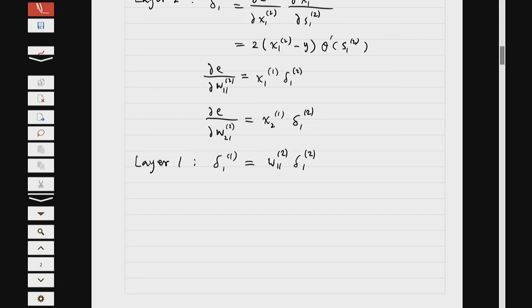So delta 1 of 2, the next layer's delta, and then we multiply by theta prime of s1 of 1, just like that. Then delta 2 of 1, similarly, here instead of W1 we get W2,1. That's all. There's a certain pattern to it. This one would be delta 1 of 2, and then theta prime of s2 of 1.